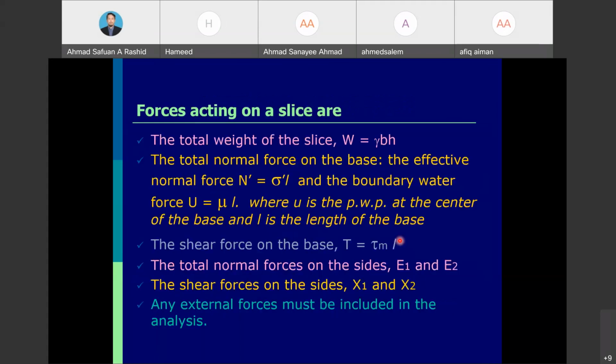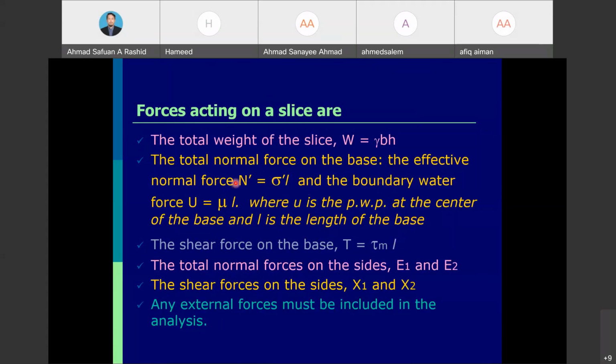Okay, so on the slice, the total weight of the slice W is equal to gamma B H, so that is the W. So the total normal force on the base, the effective normal force, this is the derivation on how they come up with the equation later on.